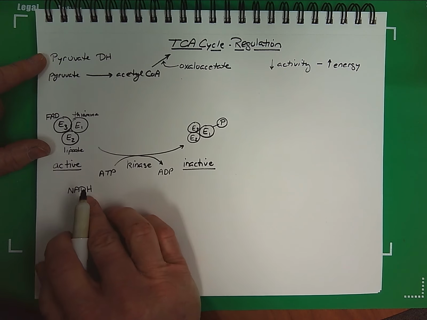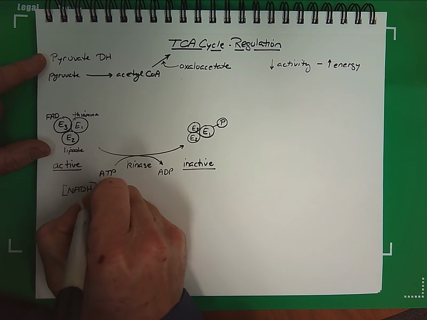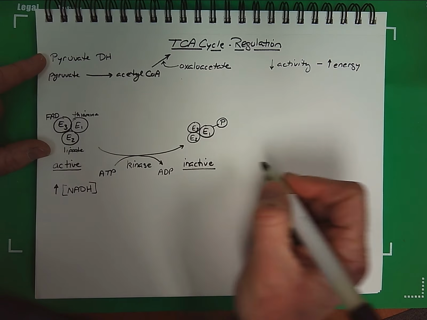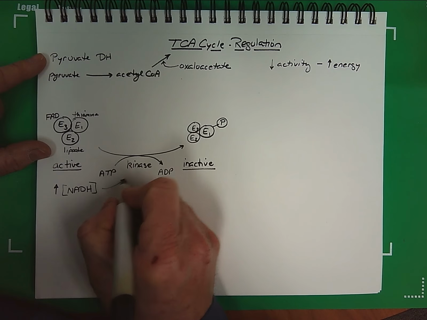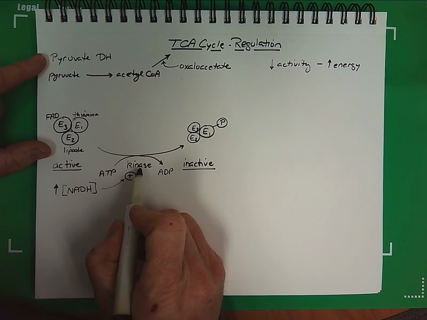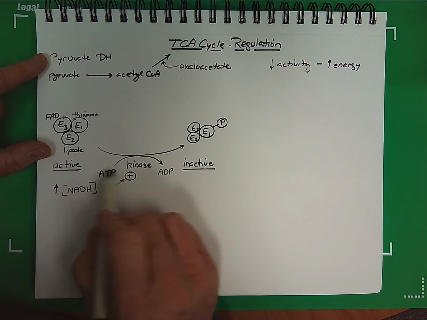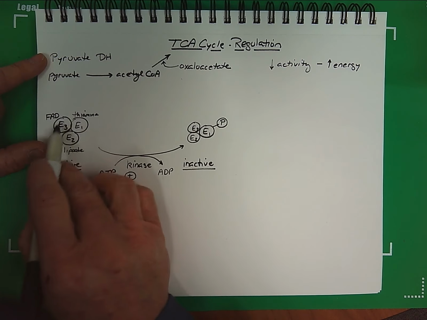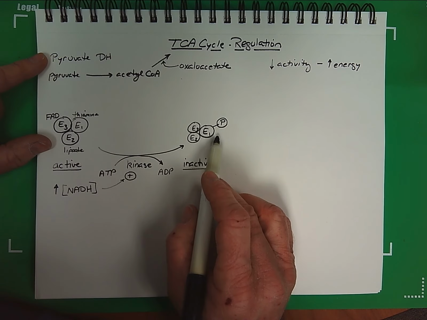So as our energy levels rise, the NADH concentration begins to increase because we are generating more energy. This will stimulate the kinase activity of PDH. By activating the kinase, we will increase the phosphorylation of the E1 subunit and inactivate the enzyme.